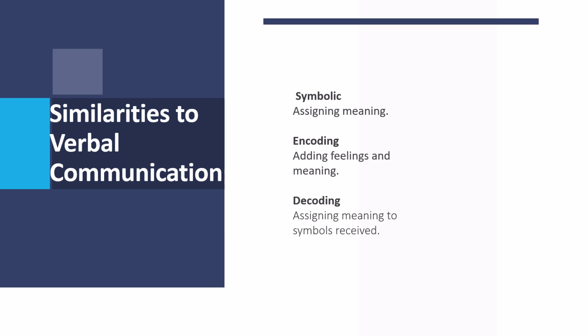When we're adding feelings, we're adding meaning to what we're doing, and that's the same as when we're communicating verbally. We're adding meaning to what we're sending. And just like with verbal communication, we're also assigning meaning to the messages, the symbols that we're receiving. All right, let's move on.